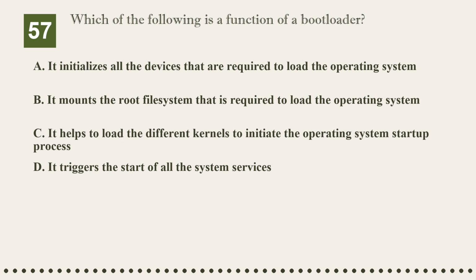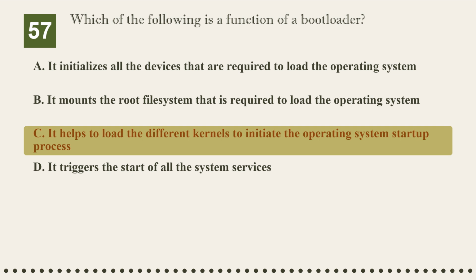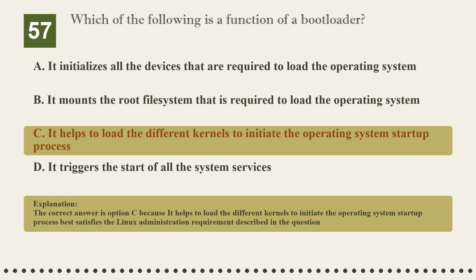Option D. It triggers the start of all the system services. The correct answer is option C. It helps to load the different kernels to initiate the operating system startup process. The correct answer is option C because it best satisfies the Linux administration requirement described in the question.